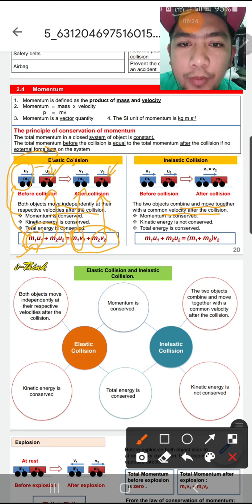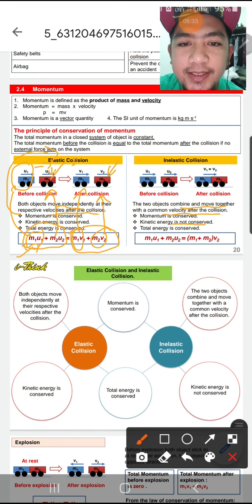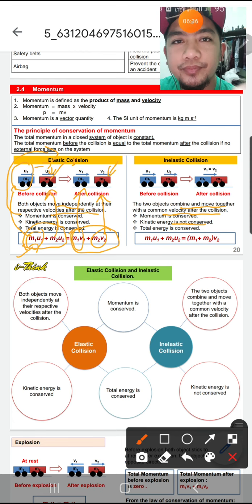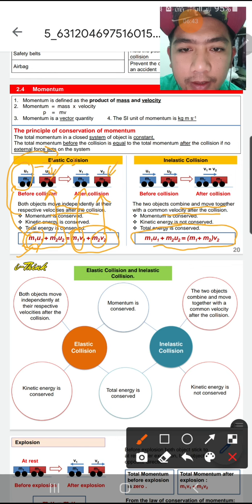The momentum is conserved, kinetic energy is not conserved, and the total energy is conserved. So we can refer to this formula: m1 u1 plus m2 u2 equals (m1 plus m2) times v.